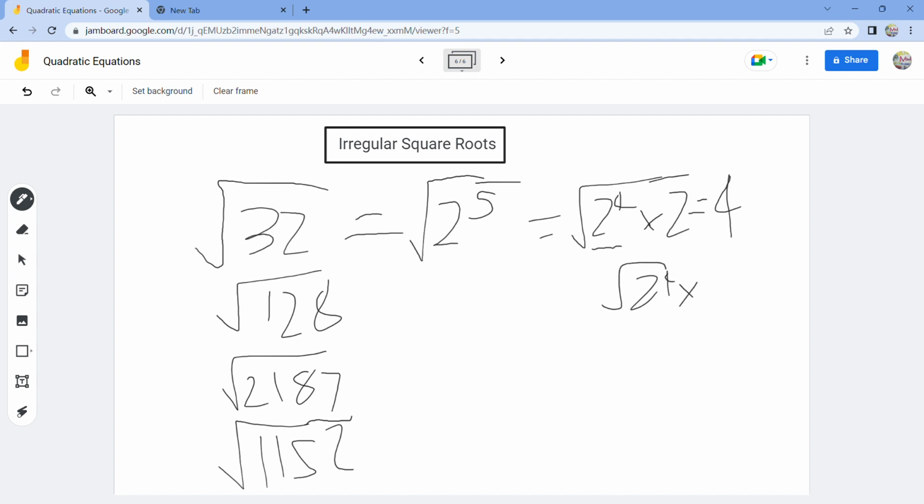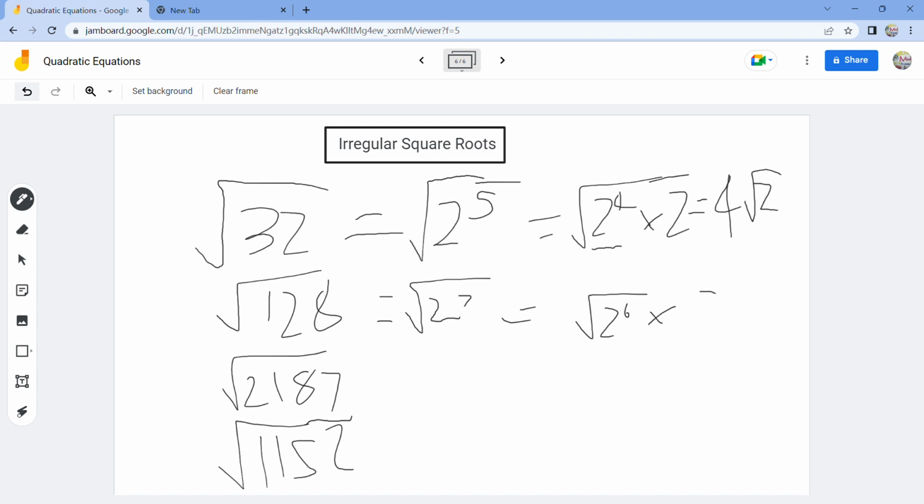Okay, so 2 to the power 4, the square root of that is basically the square root of 16, which is 4. And now this is just basically 4 times the square root of 2, okay? So that is the rule here. So that means 4 times the square root of 2.